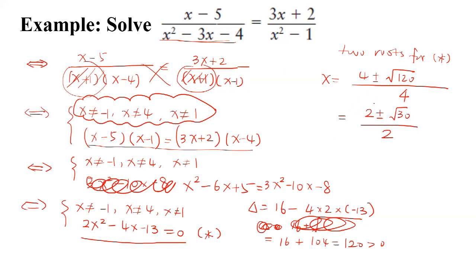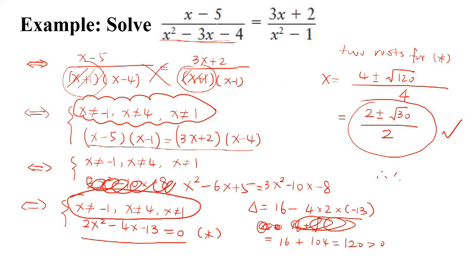Okay, so that means these two roots might be the two roots of the original equation, but we need to check if the roots we have found violate the domain here. So none of the two roots are minus 1, 4, and 1, right? So the roots here can be kept.